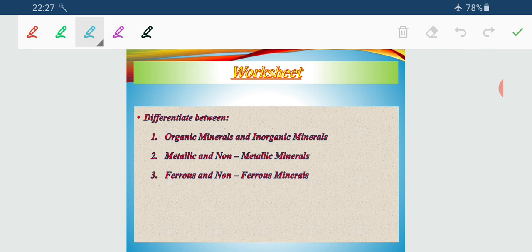Organic minerals, comparatively they do not have such a high density compared to the inorganic minerals. Organic minerals, their density is comparatively less, and inorganic minerals, the density is more.